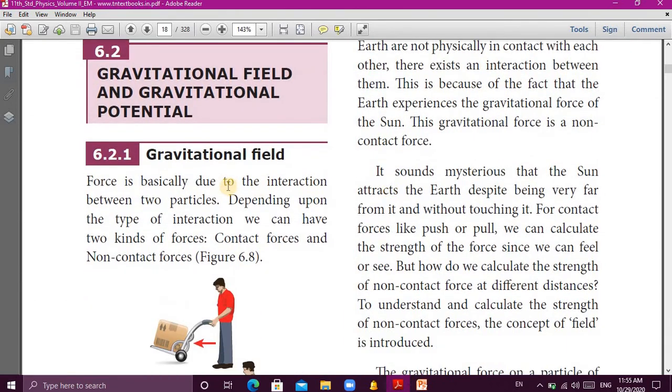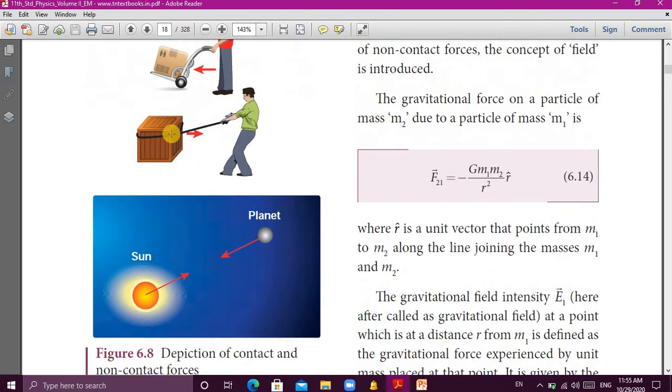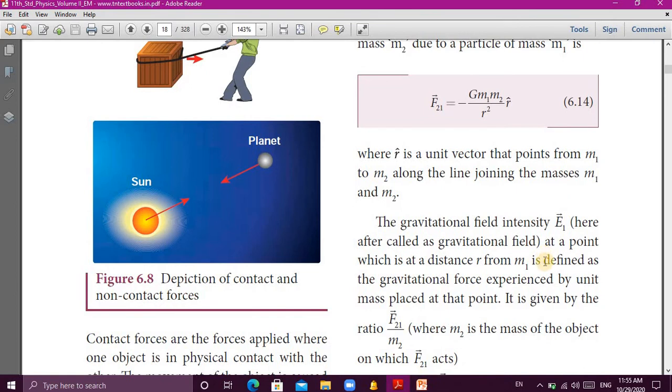The next topics are very important: gravitational field and gravitational potential. So what is meant by gravitational field? Here is the definition. The gravitational force experienced by unit mass placed at that point is called gravitational field.